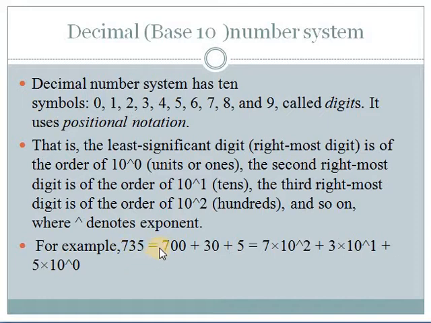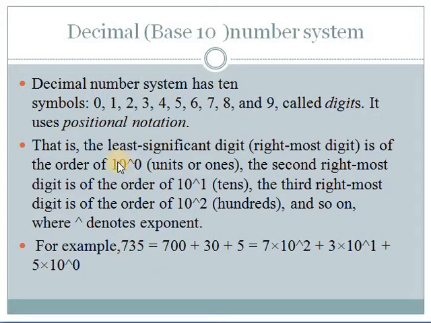For example, we have taken a 3 digit number, 735, that is 700 plus 30 plus 5. How did this 700 come, how did this 30 come, and how did this 5 come? Here this is ones, this is tens, and this is hundreds.